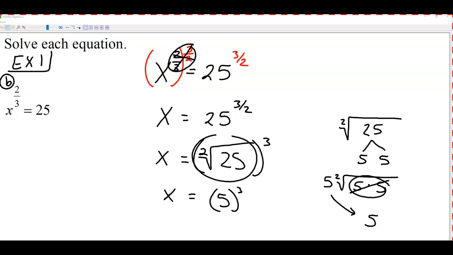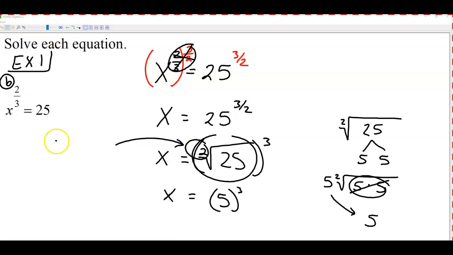Now, I'm going to do something that is a little bit irritating. But make sure you write this note down. Circle that. Draw a line here in the arrow.